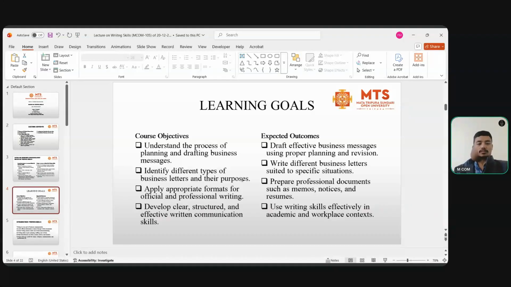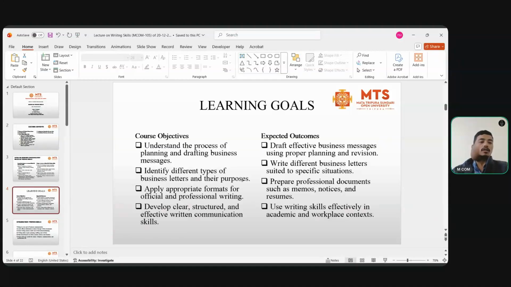These objectives guide you in learning block 3, writing skills. If you follow this properly, your writing will become more professional and effective.